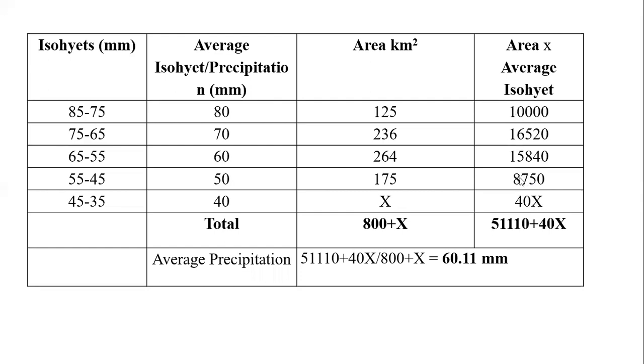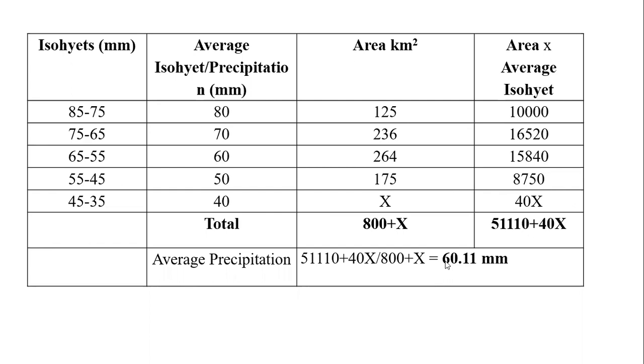So here also the summation is 51,110 plus 40X. You can check those summations also. This is the summation which I got from my calculations. And similarly for the area, the net summation of the area is 800 plus X. Now for the average precipitation, we know that summation AiPi upon the total area is equal to the average precipitation.